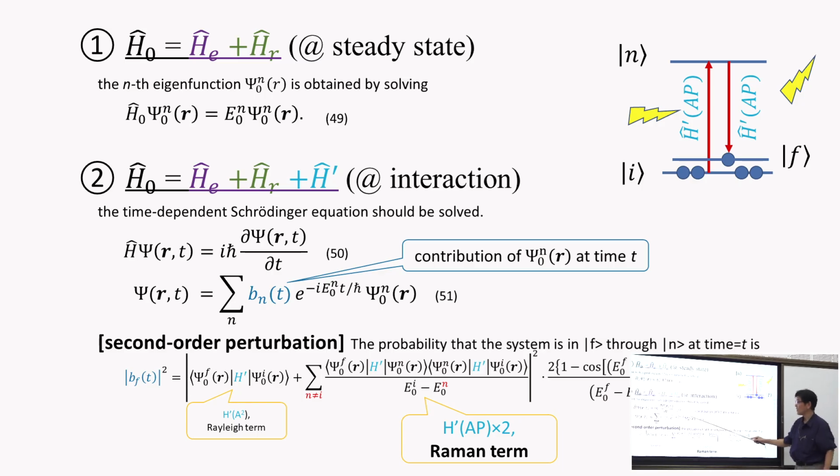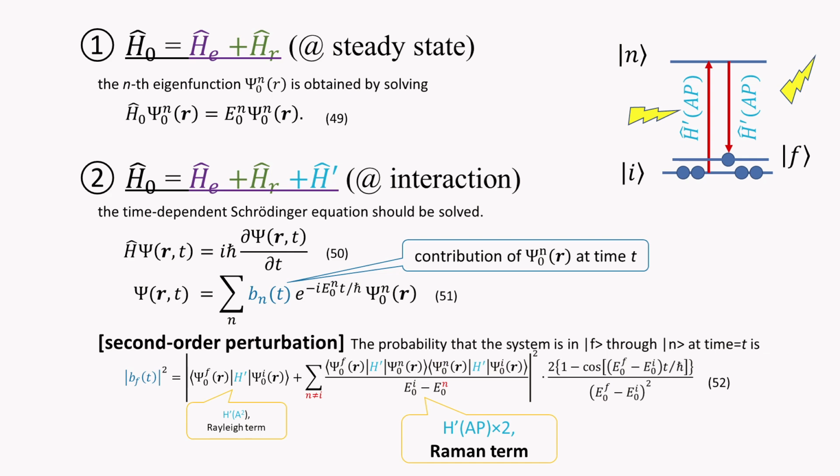And the temporal dependence or significance of this wave function is expressed by using the time-dependent coefficient, B n(t). B n(t) indicates the contribution of this wave function at time t. So the contribution of each wave function, as a solution of the steady state Schrödinger equation, changes time by time.